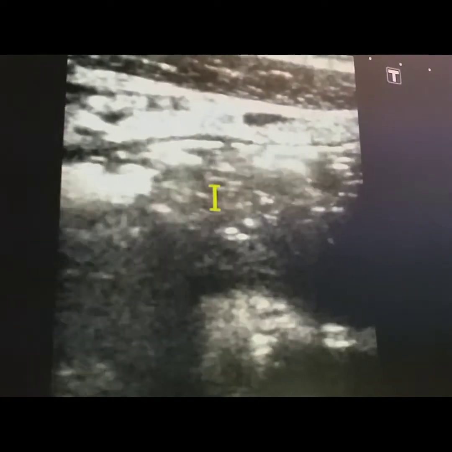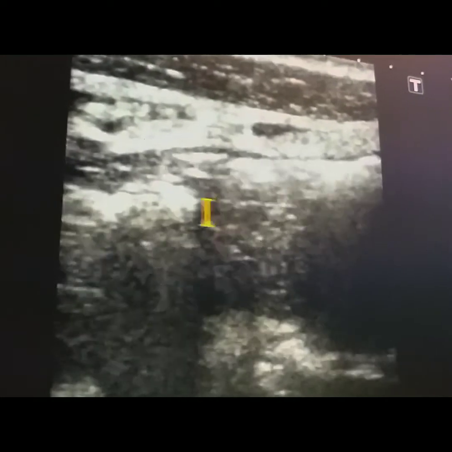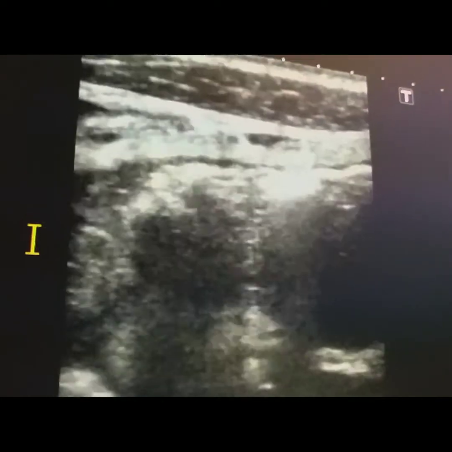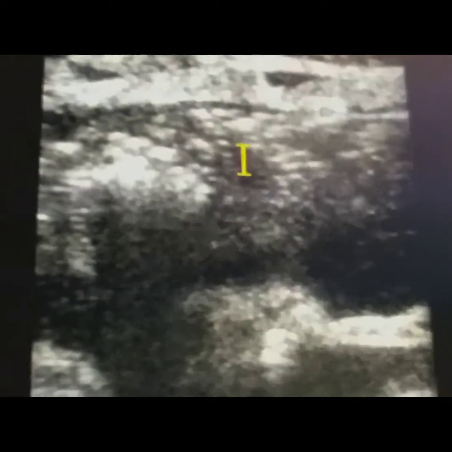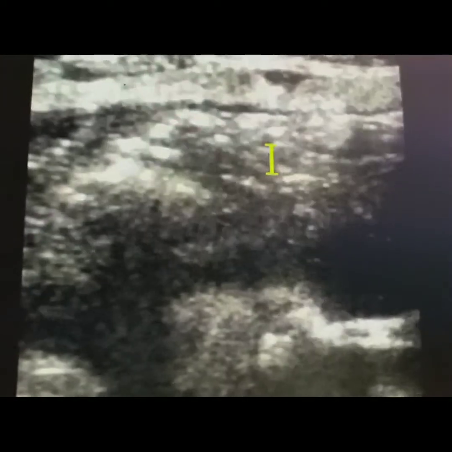Look here, the movement of the intraluminal contents, which are going forward. Now the movement is slow. Again they are moving forward.